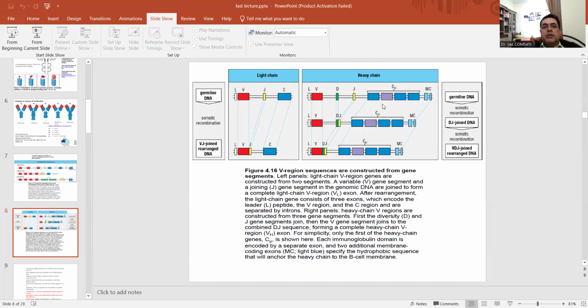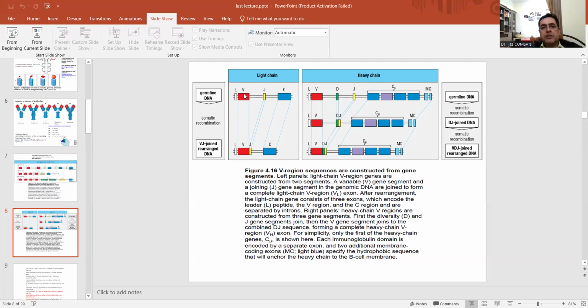If you look here, this is the light chain. On the right side is the heavy chain. And here you would see it's written the germline DNA. In the germline DNA, these sequences are in different positions.